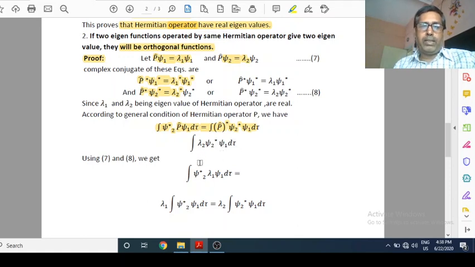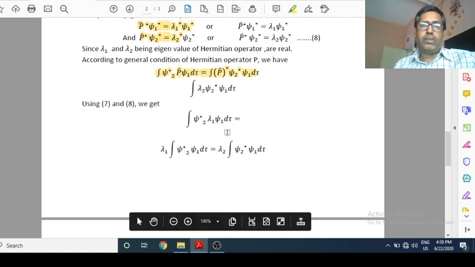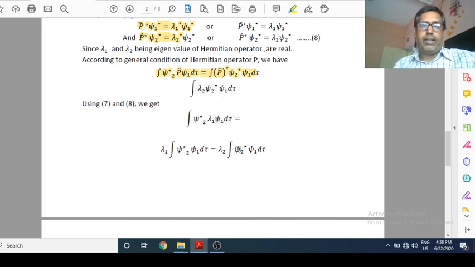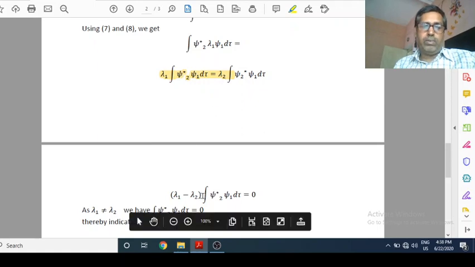Using equations 7 and 8 we get this one, and we can write this one. Here again we change the side, on the left side it will be lambda 1 minus lambda 2, you can see here by taking common, this term will be common.